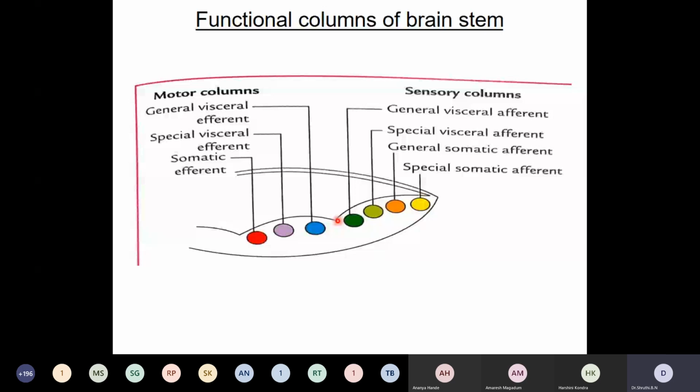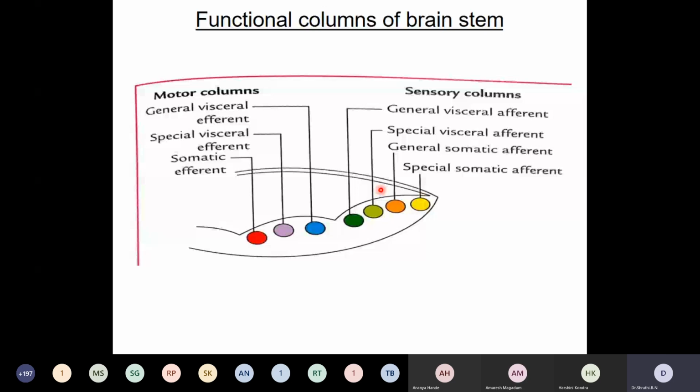The second point is in the visceral component, general visceral components are nearer to the sulcus limitans than the special visceral component. Okay. So, 3 things you must remember here. Note down this.